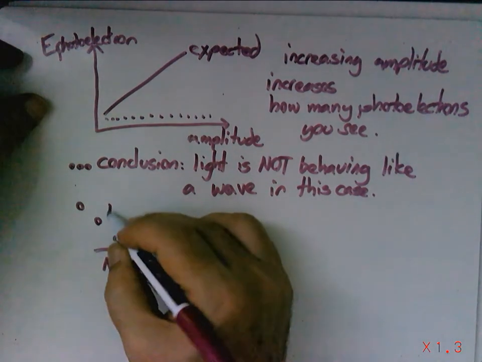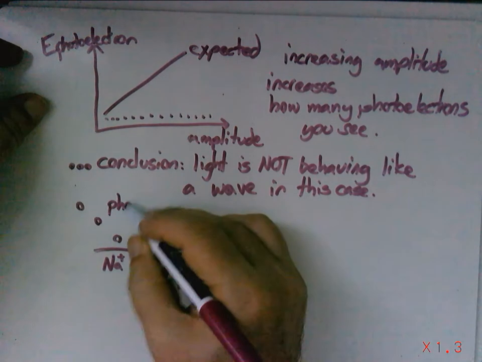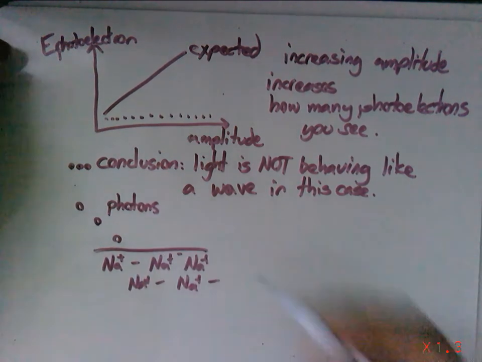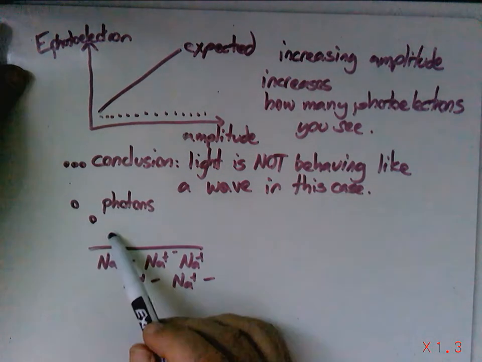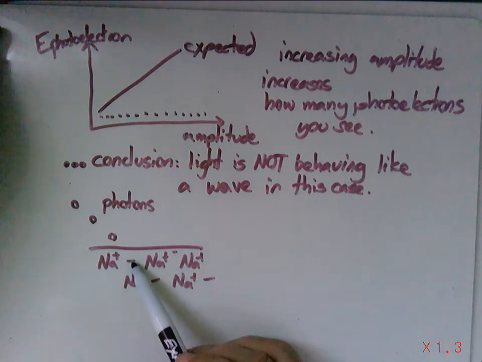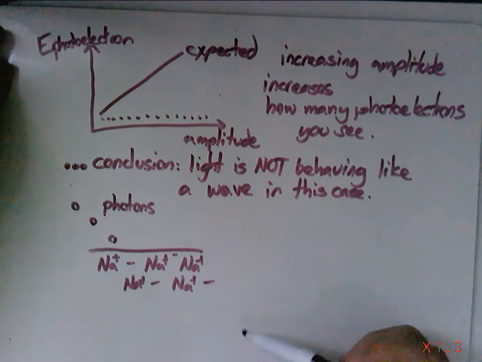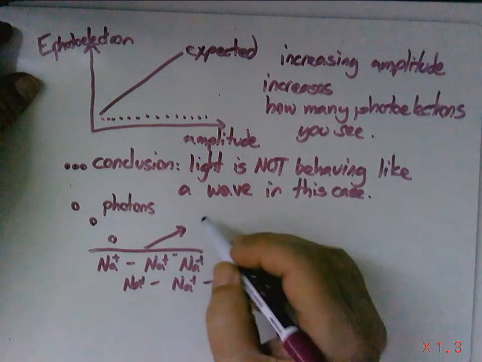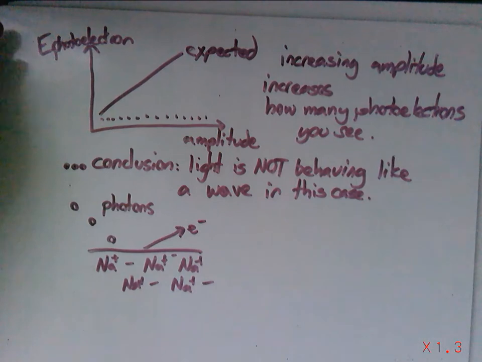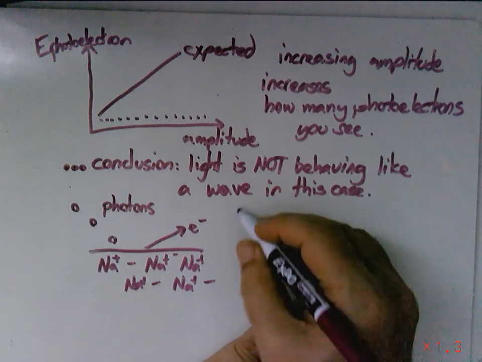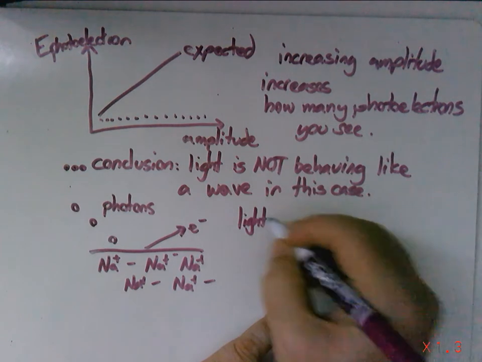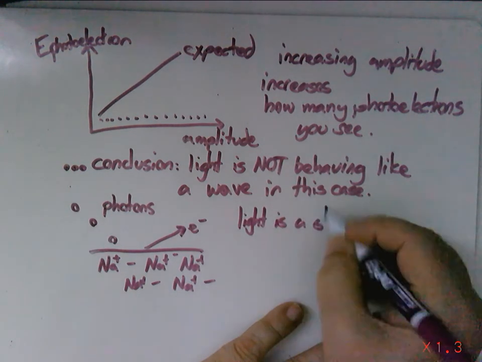They were later called photons. He called them quanta. Let's call them photons right now. And this is kind of like a pool game. You know, you're sending in the cue ball, and it hits the ball in there, and it sends it flying. So you still get your photoelectron coming out. But this time, light is a stream of particles.